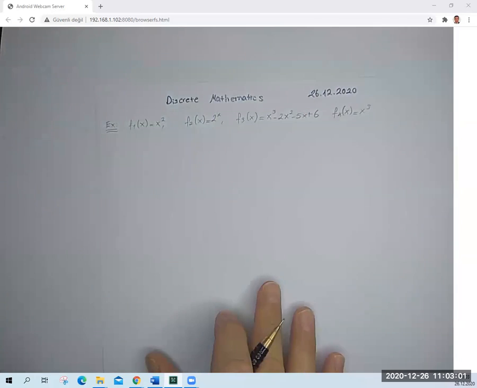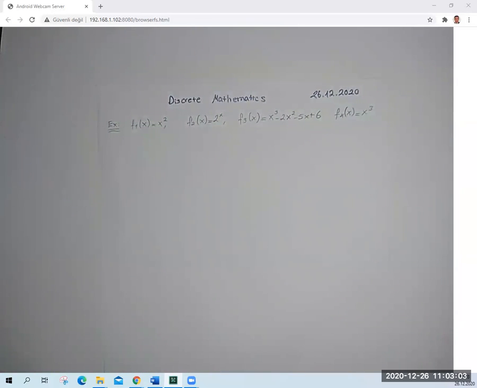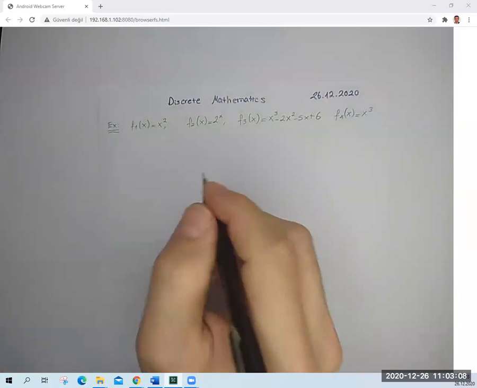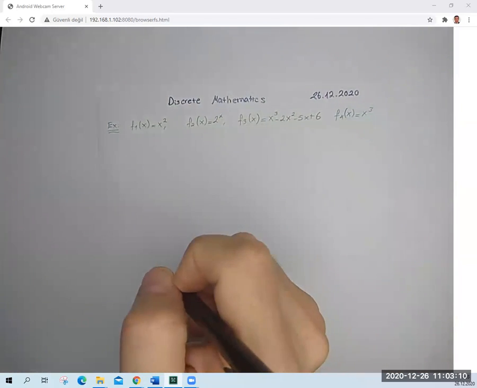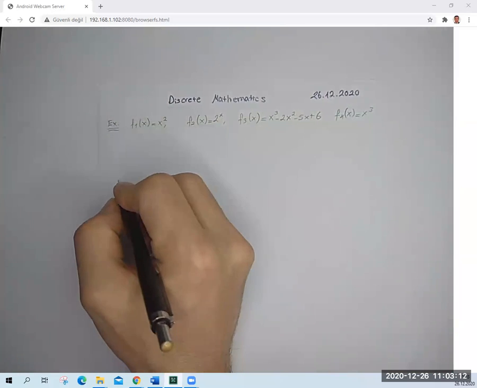We have 4 different functions. Okay, let's draw those functions in graphical form.